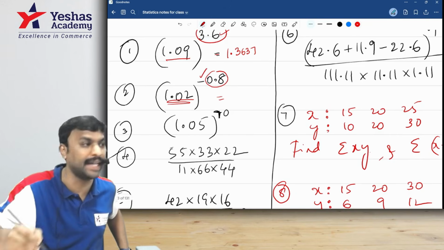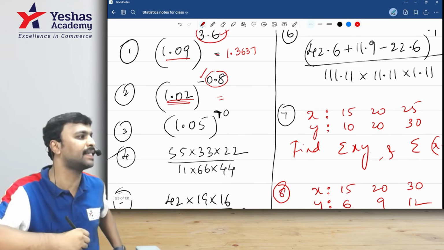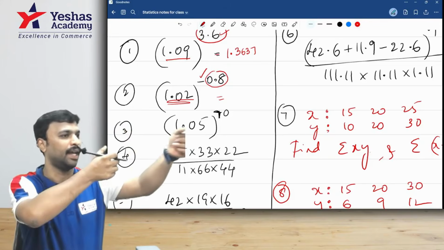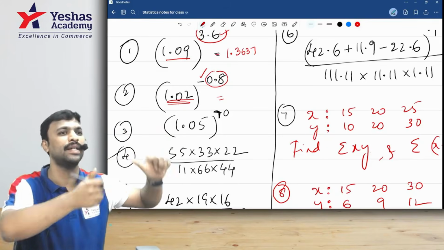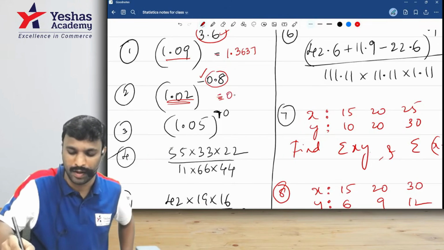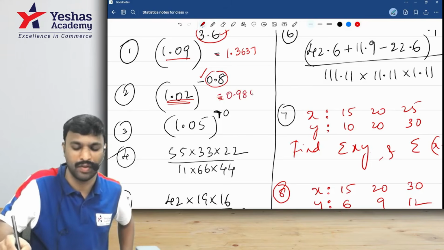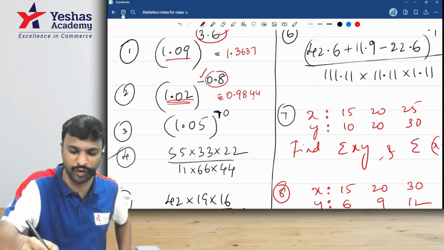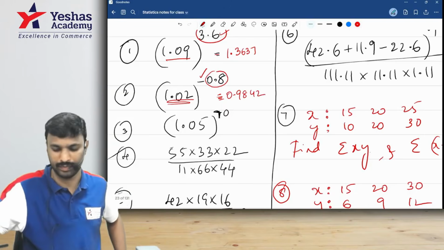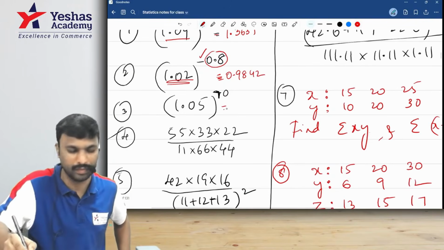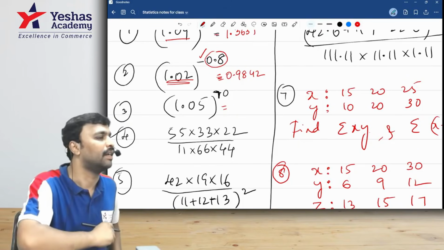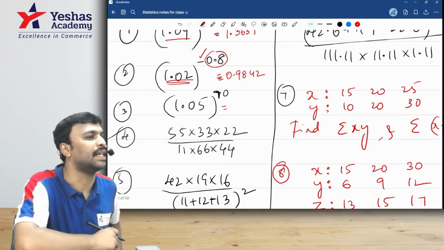Then how do you make it negative? Plus or minus. Next, plus 1. Next what? Into equal how many times? 12 times. Quickly tell me how much it is. 0.9844, or 42 or 44? Done, everyone? Yes, sir.